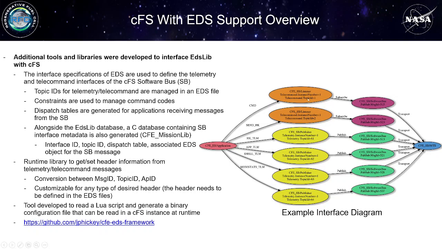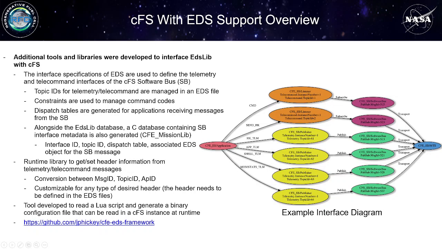So things like topic IDs are constants, and you can manage those in an individual EDS file. We can use constraints to manage command codes. When this tool is run, dispatch tables are generated for applications that receive messages from the software bus. So that will associate a particular command message with the right function for processing.